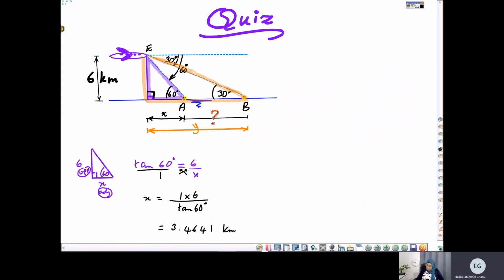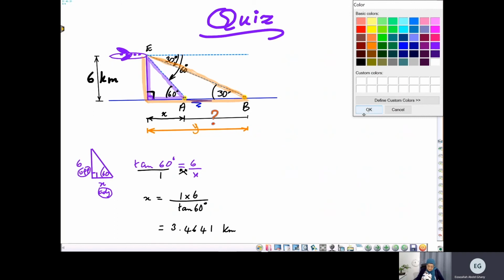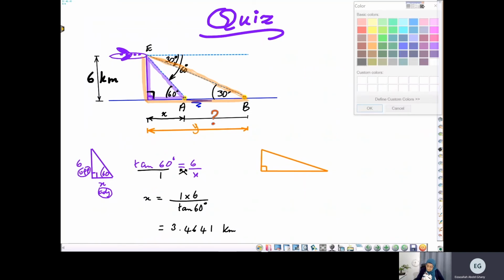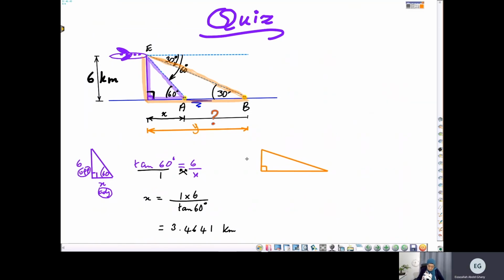Now about the orange triangle. I prefer extracting it, writing all information, to be very easy. And we are trying to make it less risky. Now this is y, and this is the small angle, which is 30 degrees. What is the relation between the opposite and the adjacent? It is tan. This 6 is the opposite.